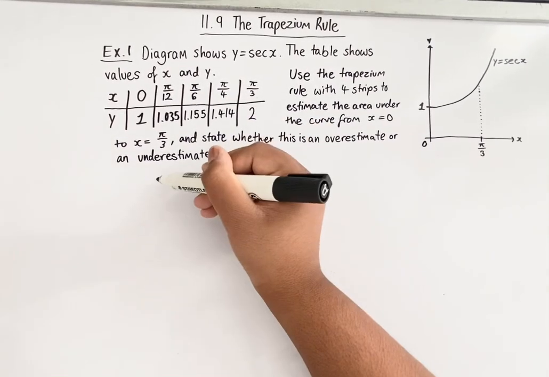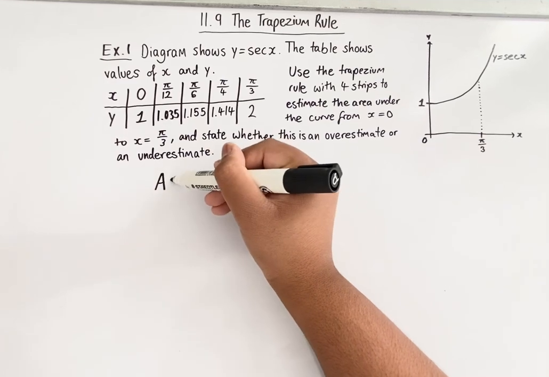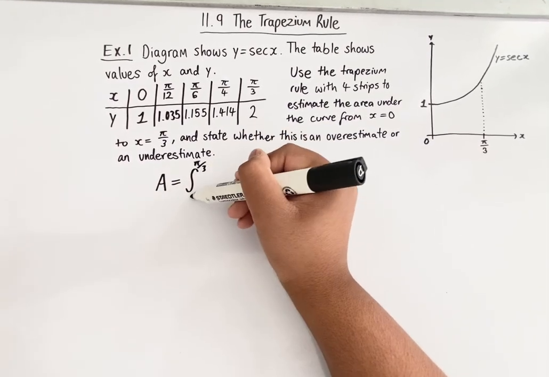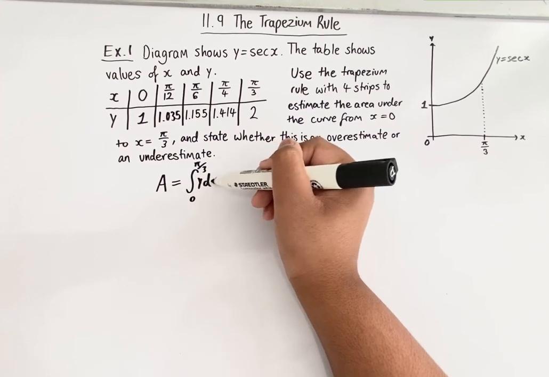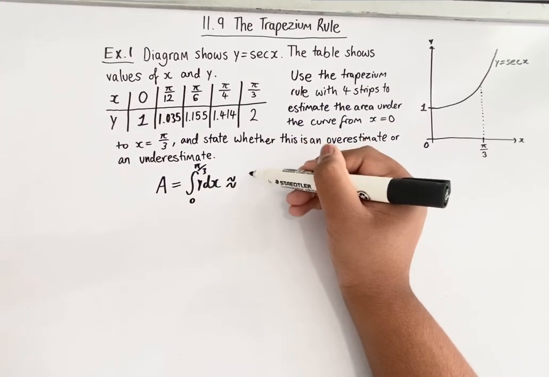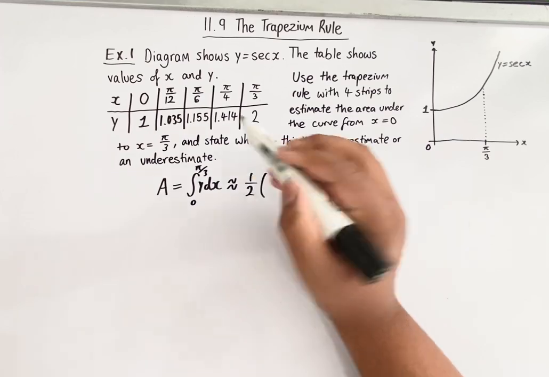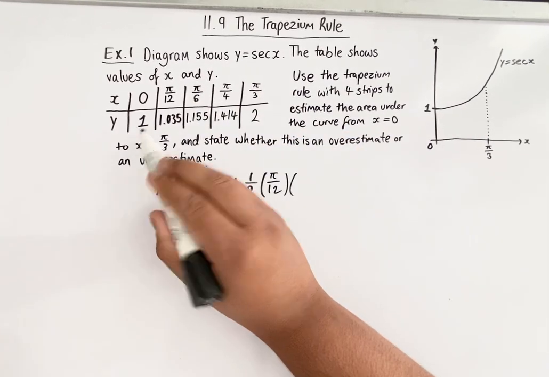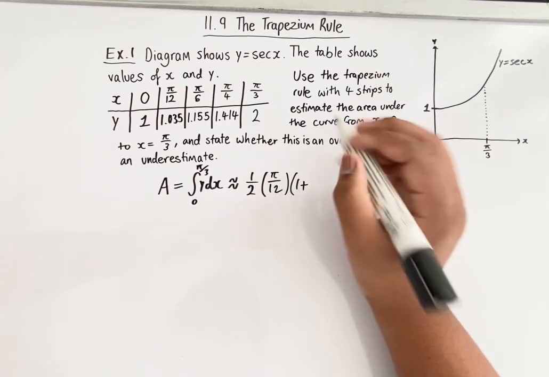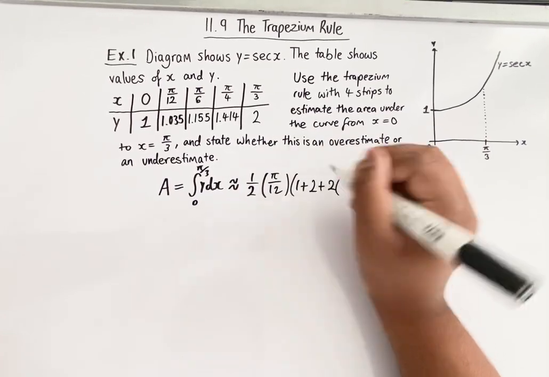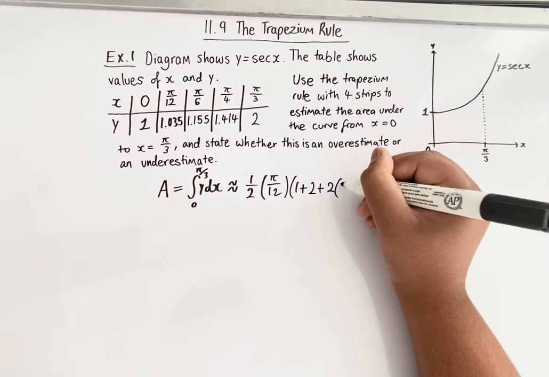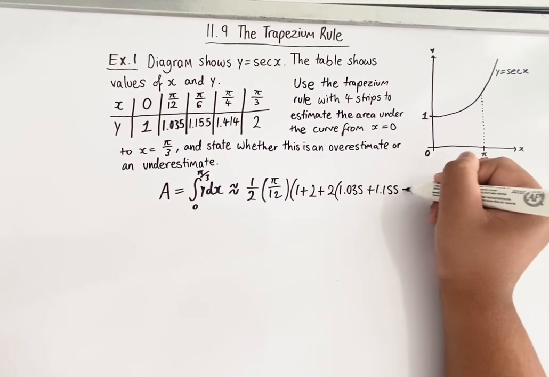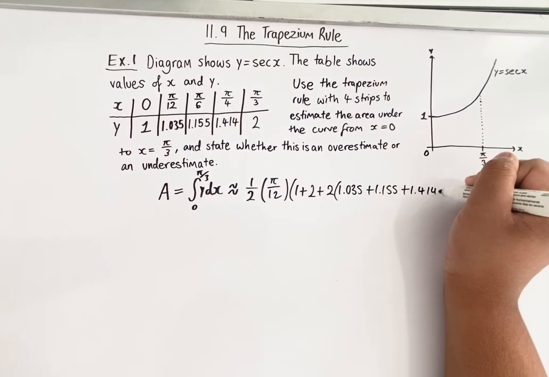Using the trapezium rule we just learnt, the area will be equal to the integral from pi over 3 to 0 of y dx, which we can approximate as a half multiplied by the width, which in this case will be pi over 12, multiplied by the first y value, 1, plus the last y value, 2, plus 2 lots of the middle y values, 1.035 plus 1.155 plus 1.414.